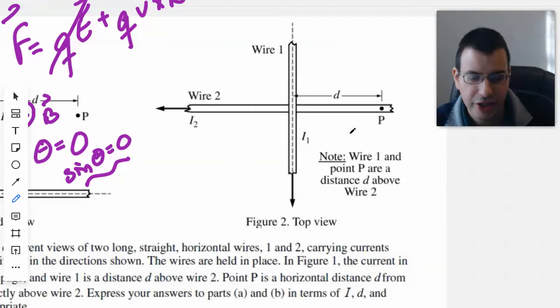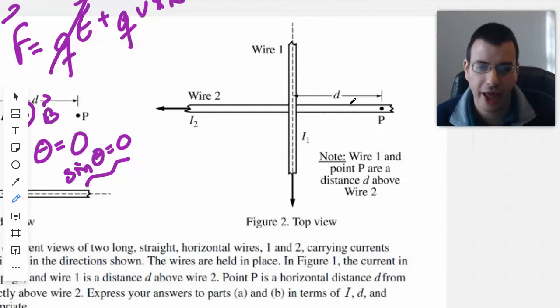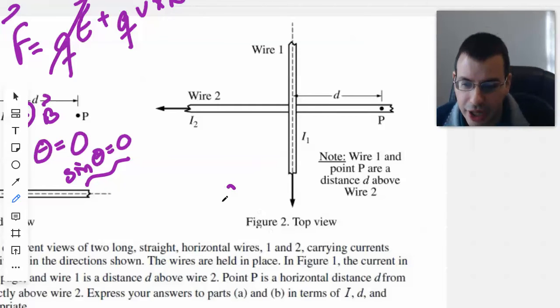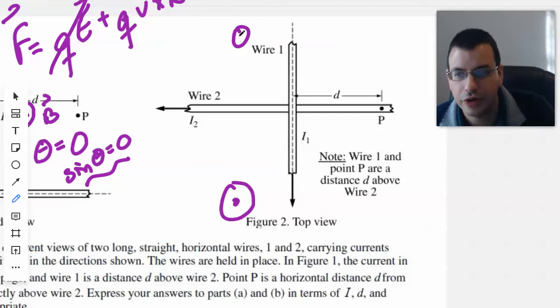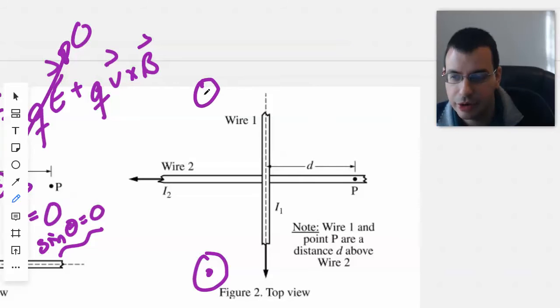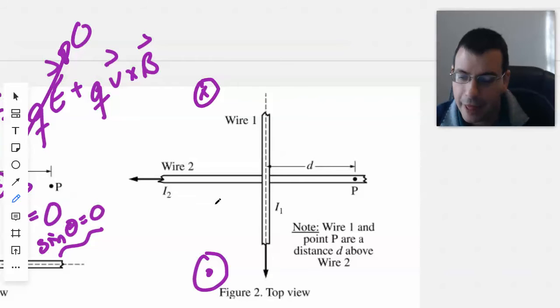Now if we look at this one, so we have wire 2 here. Magnetic field goes like this. So here we'd have magnetic field coming out of the board. This way over here, we'd have magnetic field going into the board. And before, on the previous one, we looked at magnetic field right here. And so for this, we have current going this direction.